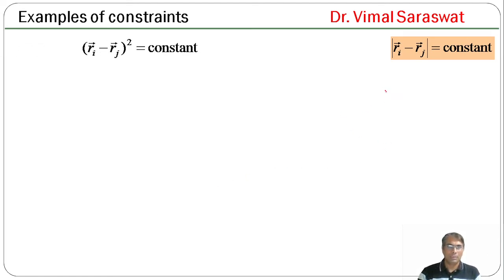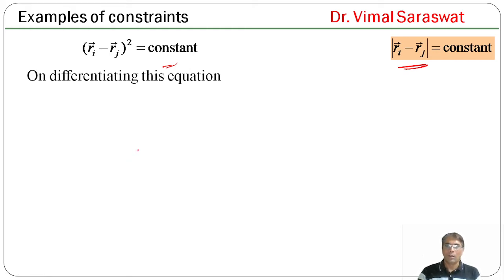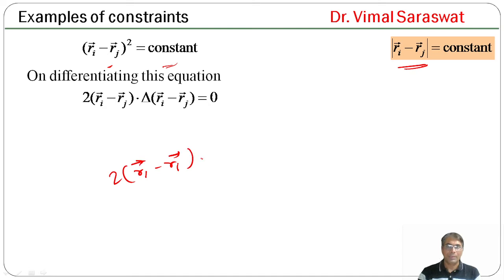Now, if we square this, then (Ri minus Rj) whole square equal to constant. On differentiating this equation, twice of (Ri minus Rj) into (del Ri minus del Rj), so del of (Ri minus Rj), and the differential of a constant is 0.